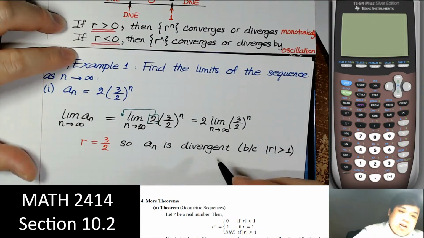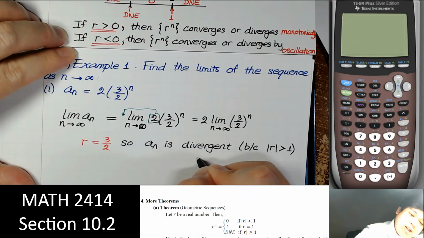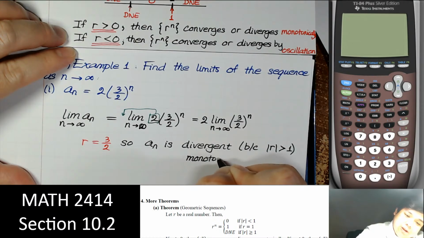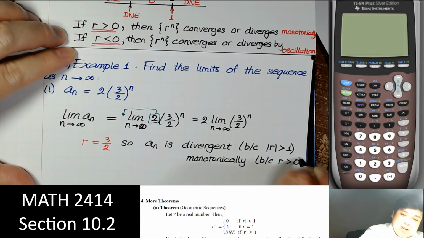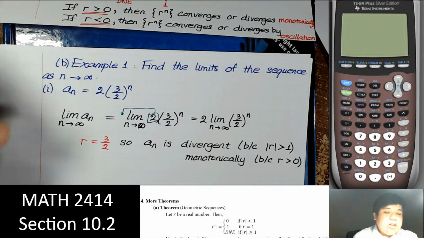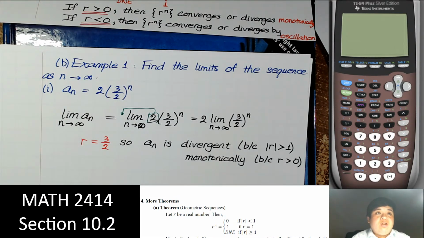And it is divergent monotonically, because it is positive. So we say a sub n is divergent monotonically.